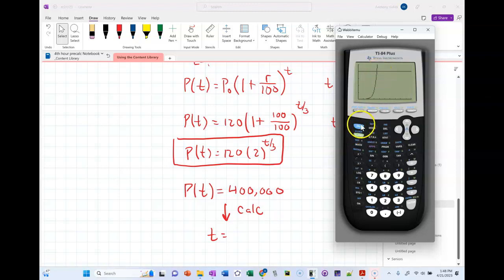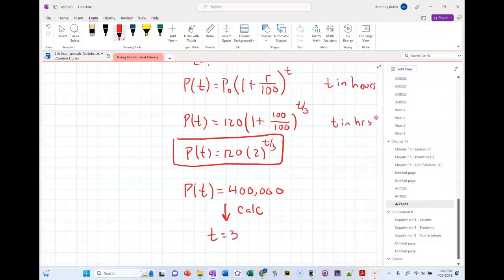There's my intersection. So second, trace, use the intersect command. And since I have only 2 things graphed, I can just press enter 3 times. And I get about 35.11 hours. Right?